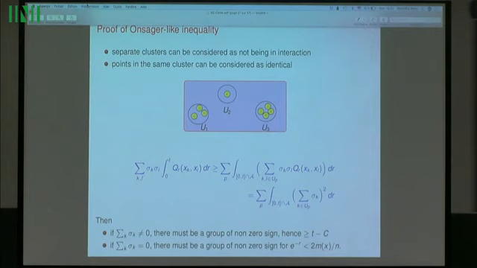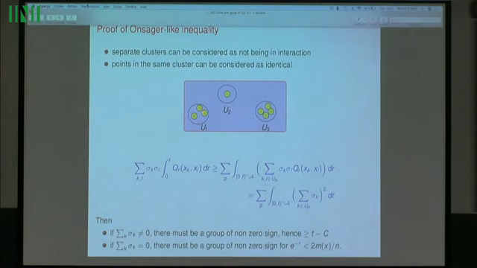The argument is: assume by contradiction that all the groups have a 0 sum.